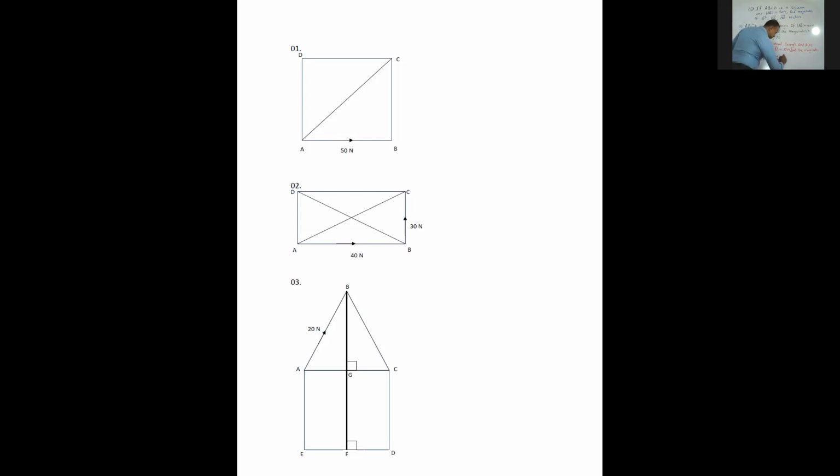Then AG and GC. Fourth one, EF and FD. Then BF and BG.